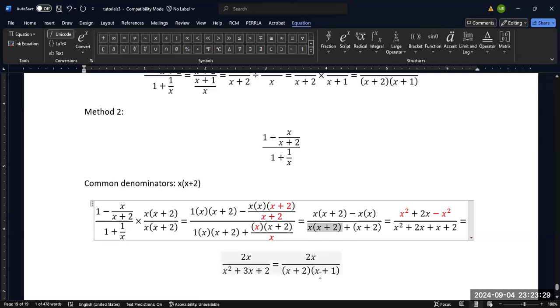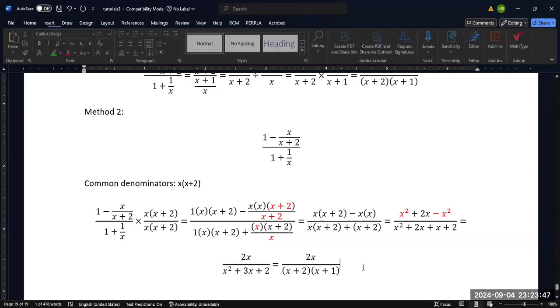So x plus 1 would be my second factor. And here I could have factored out an x, and then I would have been left with x plus 2 minus x, and I still would have gotten the 2x. So again, regardless of the strategy you choose, you're going to end up with the same solution.